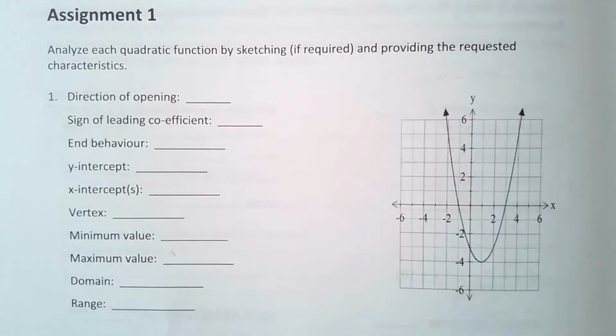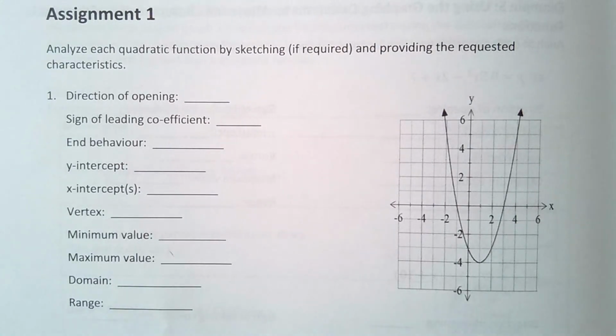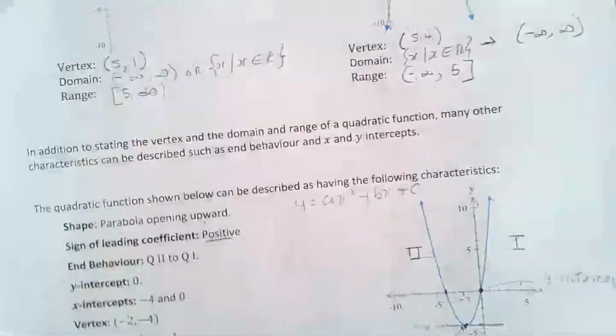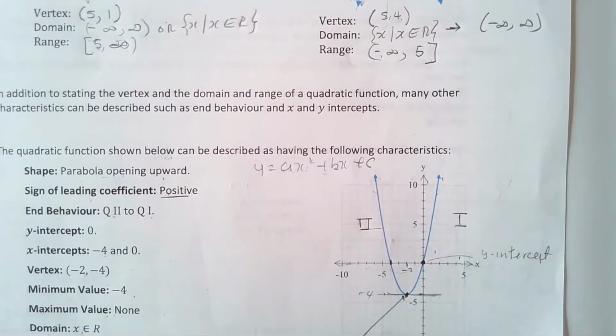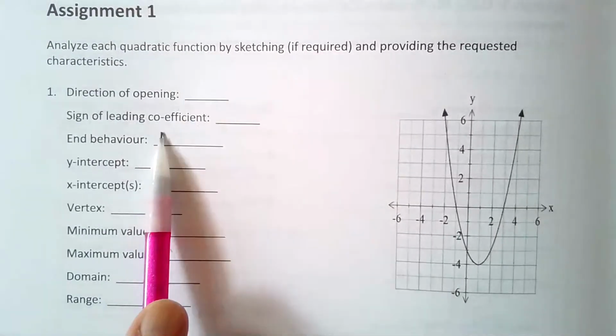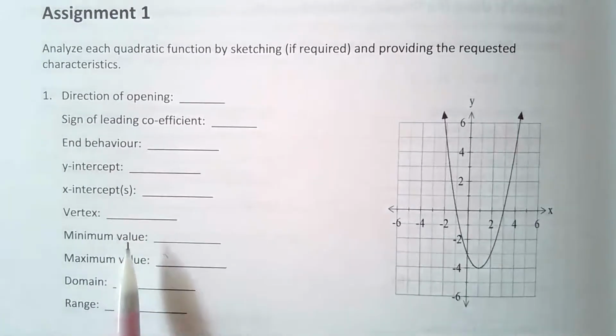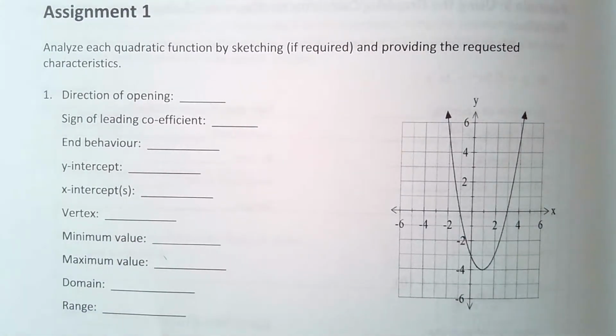For your hand-in assignment, you want to complete question 1 also of assignment 1 of quadratic function for your hand-in. So you use this model here, as you can see, it's almost identical, to find direction, sign of leading coefficient, end behavior, y-intercept, x-intercept, vertex, minimum value, maximum value, domain, and range.